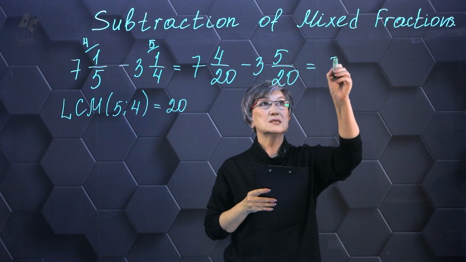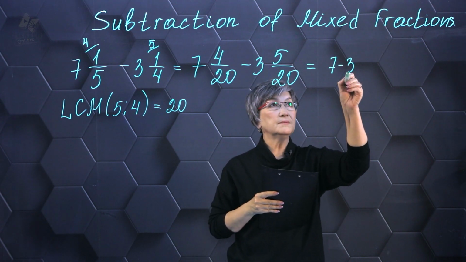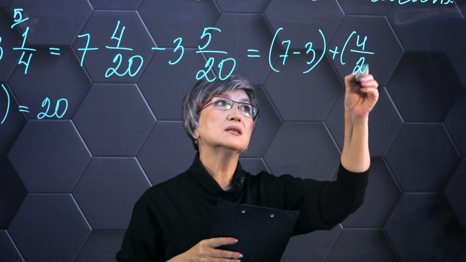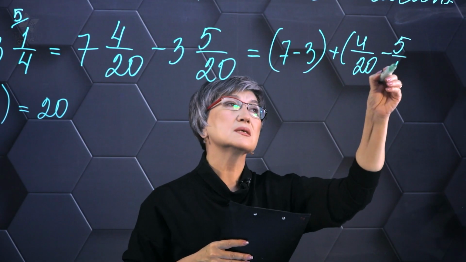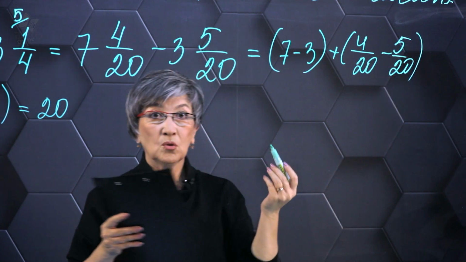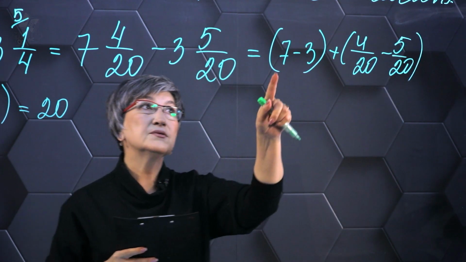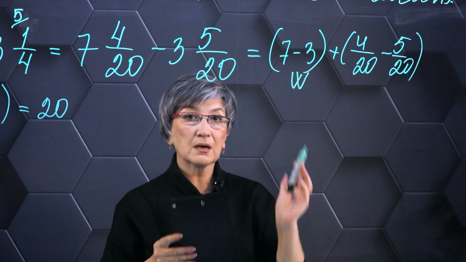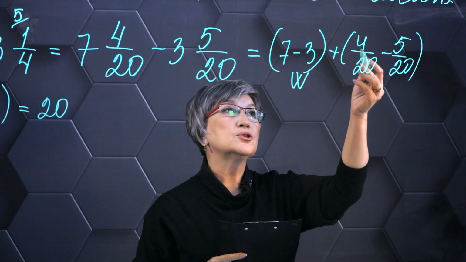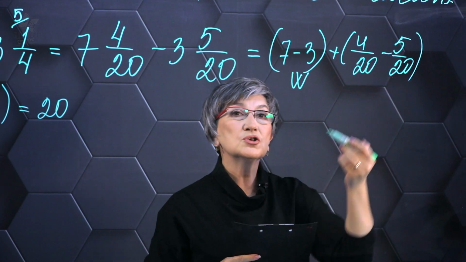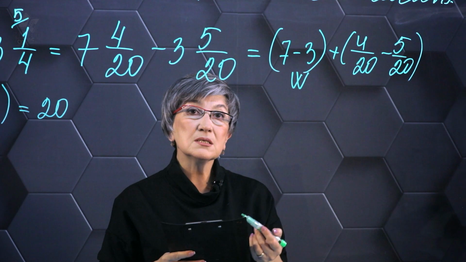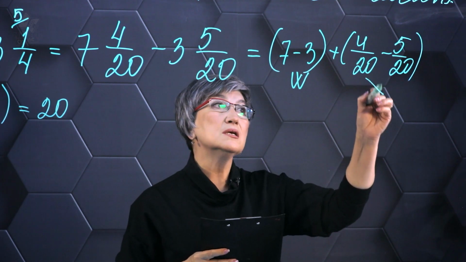We have to subtract 3 from 7, and then subtract 5/20 from 4/20. But from 7 we subtract 3, that's fine, but we can't subtract 5/20 from 4/20. So there's something wrong here. We can't perform the action here.